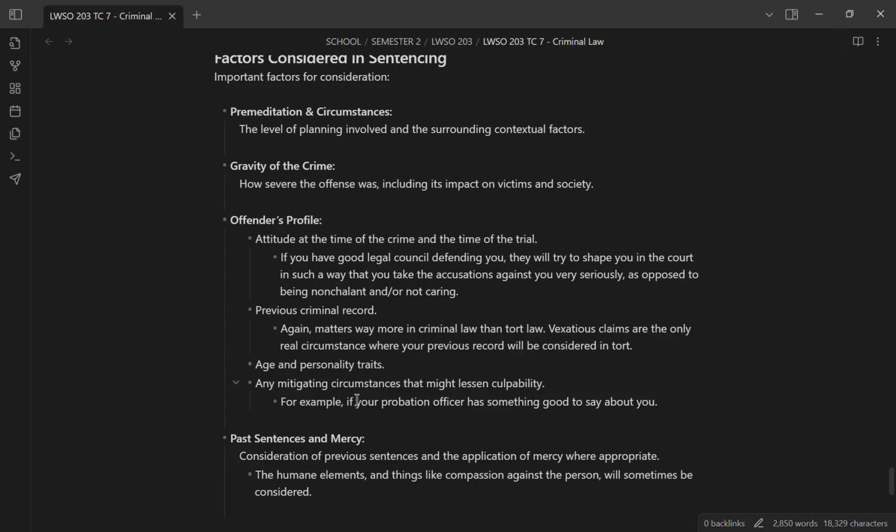As well as any other mitigating circumstance that might lessen your culpability. For example, we'll take into account if your probation officer has something good to say about you. Finally, we'll consider past sentences and mercy. So we'll consider the past sentences against you and the application of mercy where it is deemed appropriate. We try to consider the human element of things, compassion, et cetera.